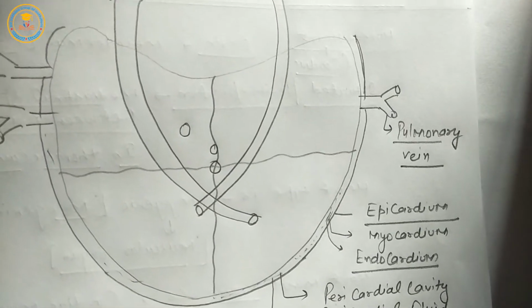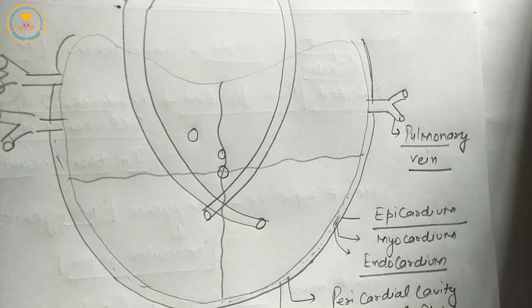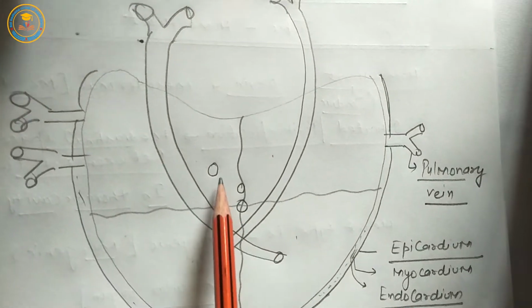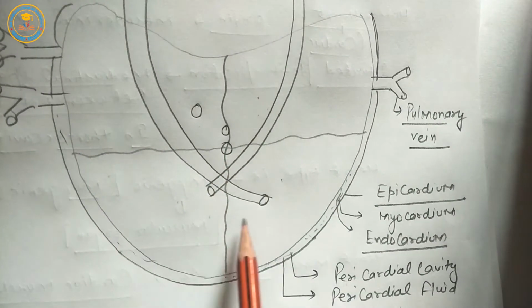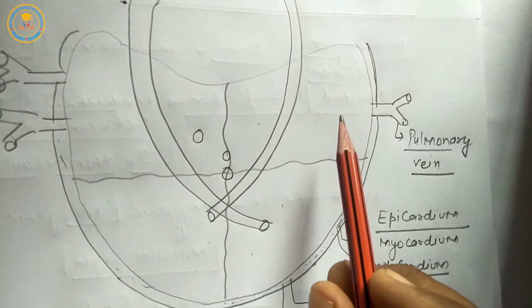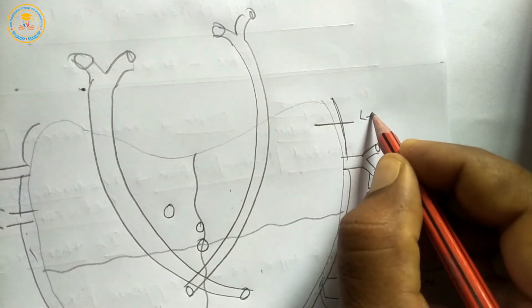Second is human heart is complete four chambered. 1, 2, 3, 4. Above chambers are called auricles, and below chambers are called ventricles. In left side, left auricle.